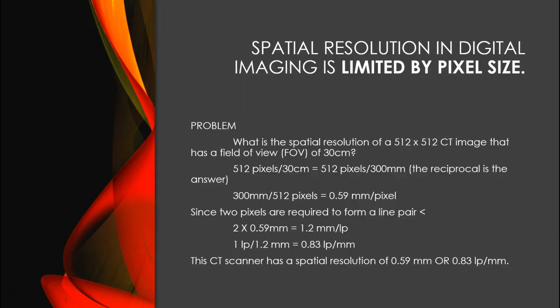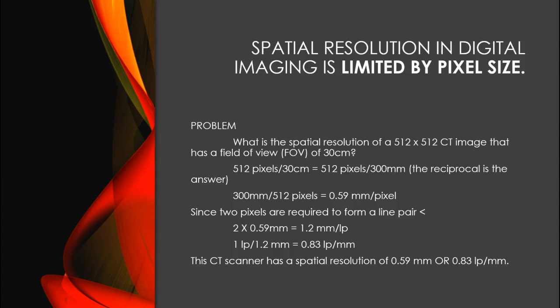Okay, this next slide. Spatial resolution in digital imaging is limited by pixel size. Okay, here's a problem. What is the spatial resolution of a 512 by 512 CT image that has a field of view of 30 centimeters? Okay, so in digital imaging, as I'm sure you are aware, the matrix can be manipulated. And the smaller the pixel size, the better resolution that you have.